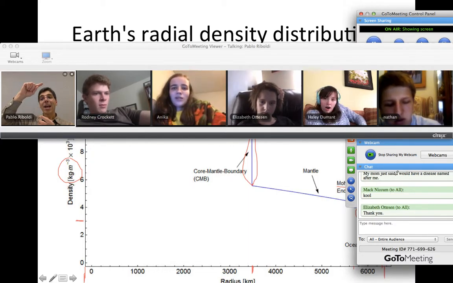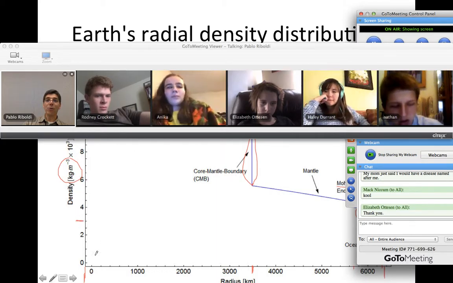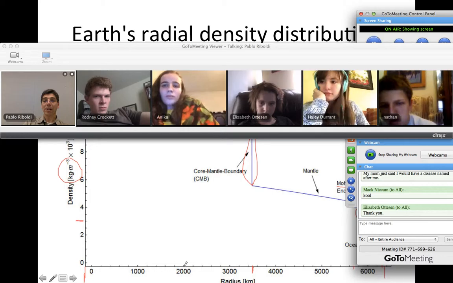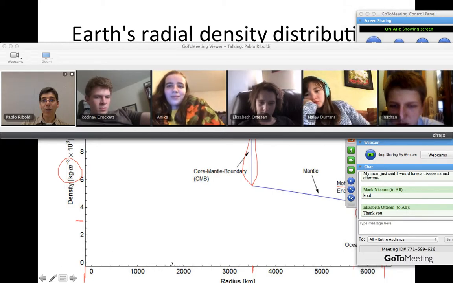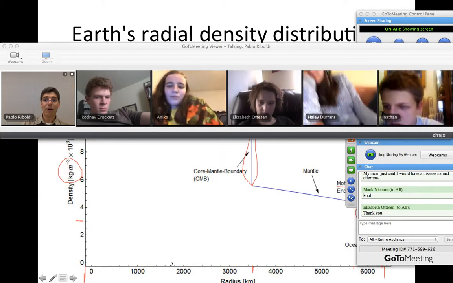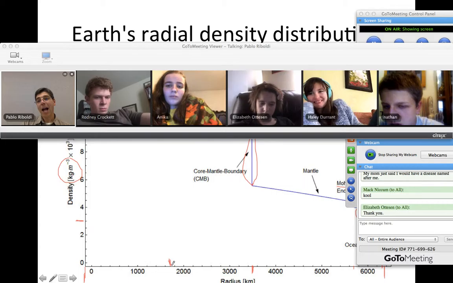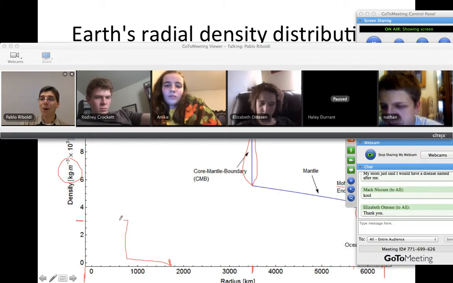Well, if you were to measure, let's say that we do this same graph here between water and oil, you would have the same type of thing where you have the density of oil, and it would be the same density for all the part of oil, and then there's a huge discontinuity between the water, and then you have the density of water.